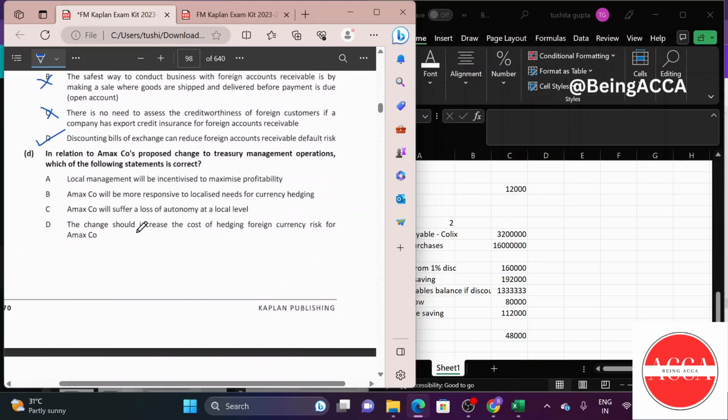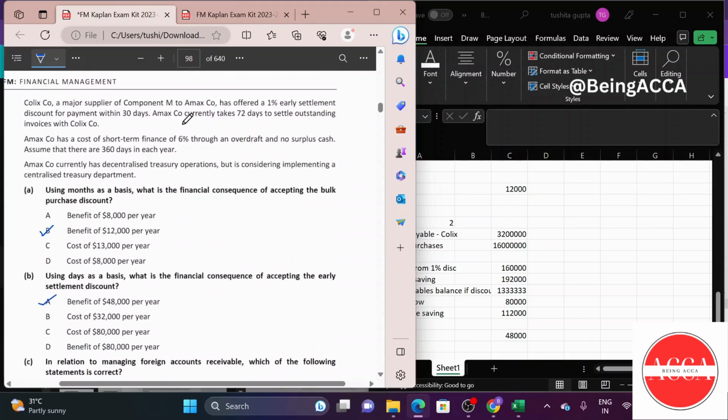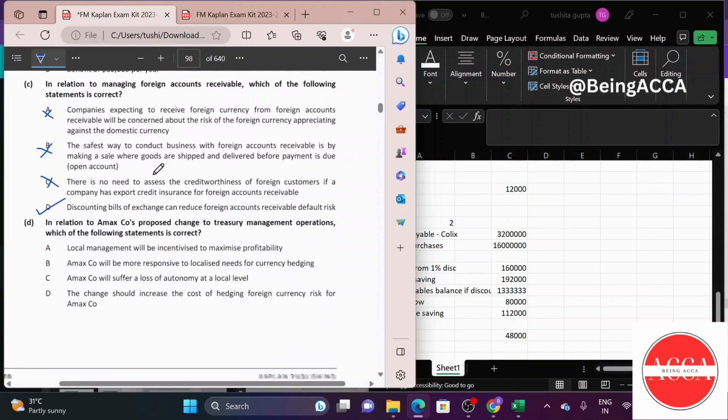Moving to the fourth question, in relation to Amax company's proposed change to treasury management operations, which of the following statements is correct? Now see, local management will be incentivized to maximize productivity. If currently they are operating decentralized, now they will have centralized. So local management will be incentivized to maximize profitability.